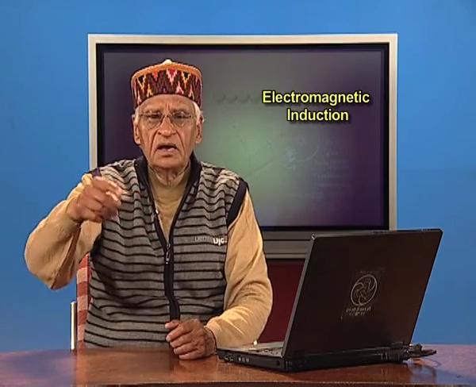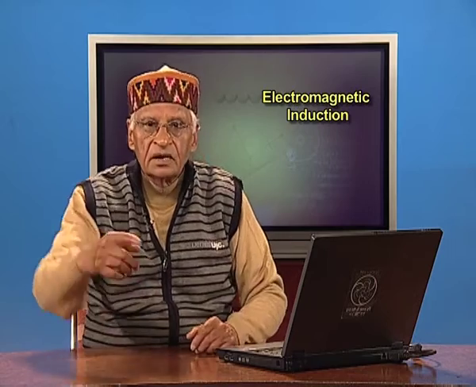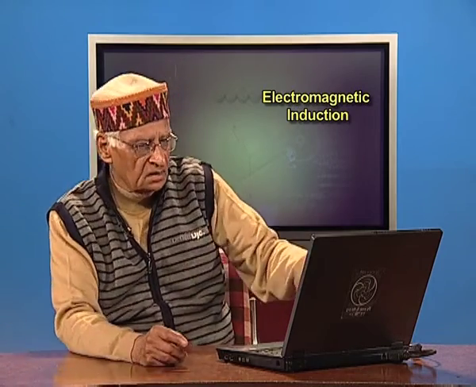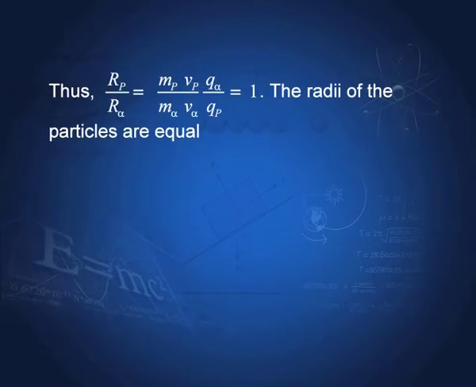We have qvB is equal to m v squared by r. So, we have done that, and we get Rp equal to m_p v_p by q_p B, and R alpha, the radius of gyration of the alpha particle, is m_alpha v_alpha by q_alpha times B. So, we can find Rp by R alpha, just divide one by the other and substitute the values, and it turns out to be 1.